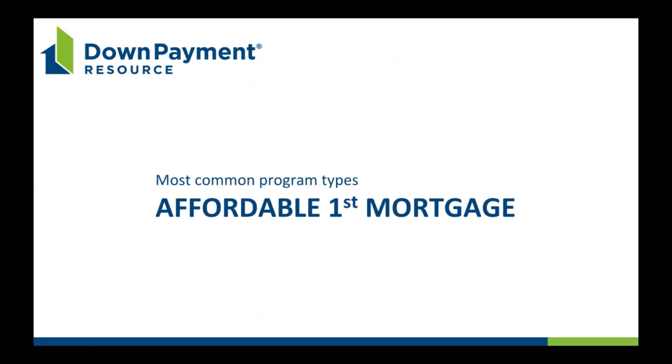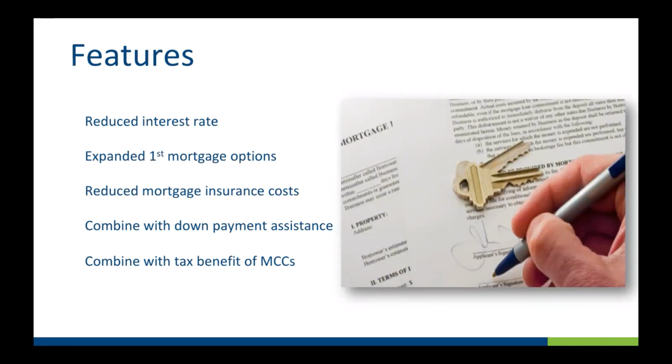All right, now that's a quick overview of some of the most basic qualifying parameters and benefits of down payment assistance programs. We do want to spend a couple minutes here talking about the other two of the most common homebuyer assistance program types. The next one is affordable first mortgages. Now, we mentioned earlier, anybody using a down payment assistance program has to qualify for a first mortgage.